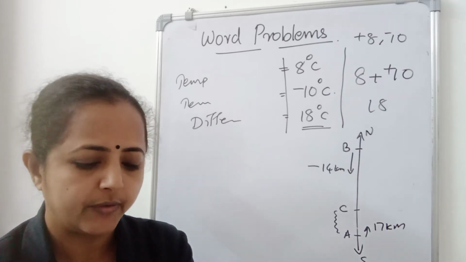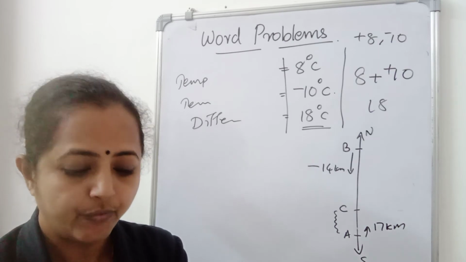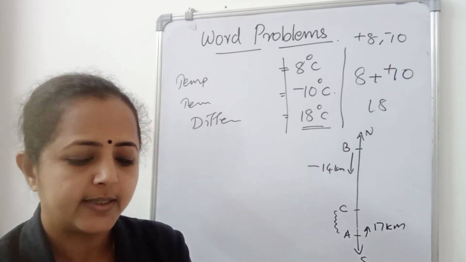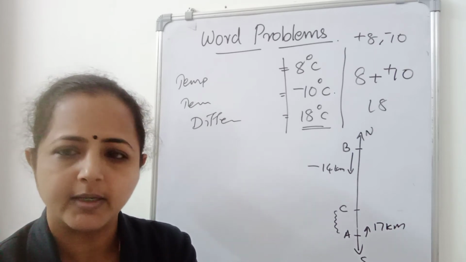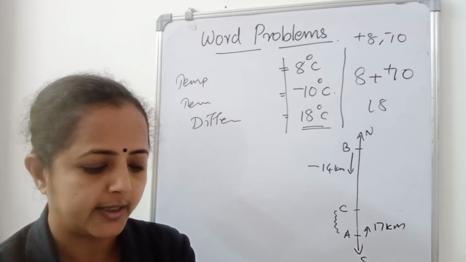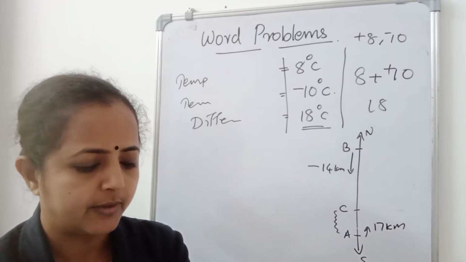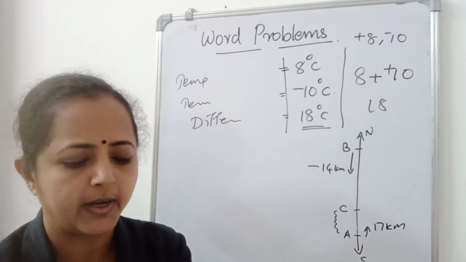A car is moving from A. The distance between A and B is 17 kilometers. The distance from B to C is minus 14 kilometers, down. Then by which integer will you represent the final position from A?